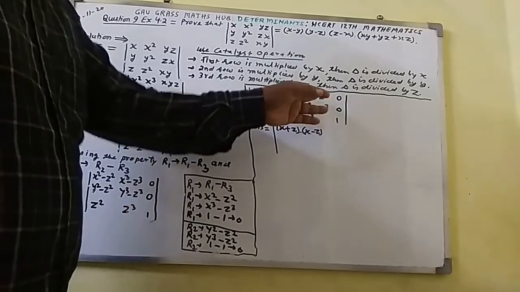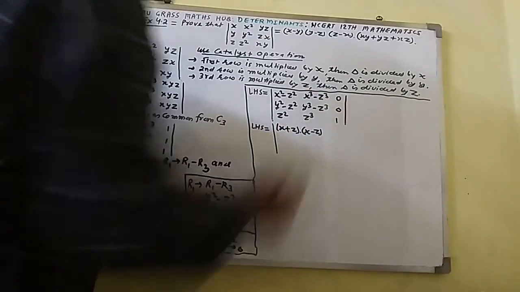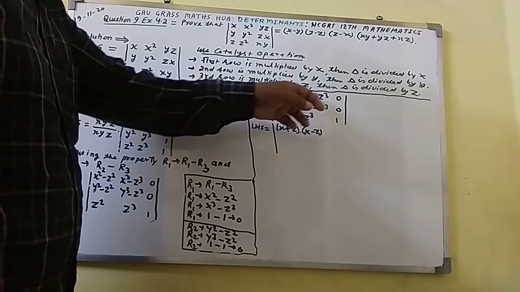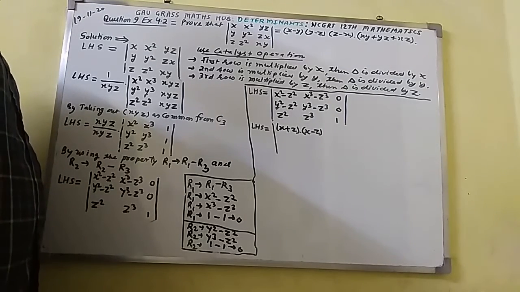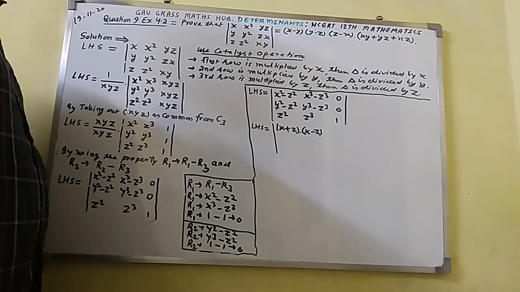The second element of the first row: here you know the formula, a cube minus b cube equal to a minus b in one bracket, another a square plus b square plus ab.